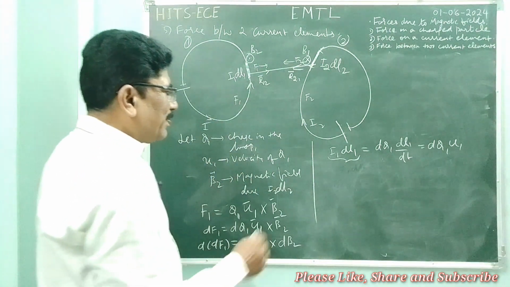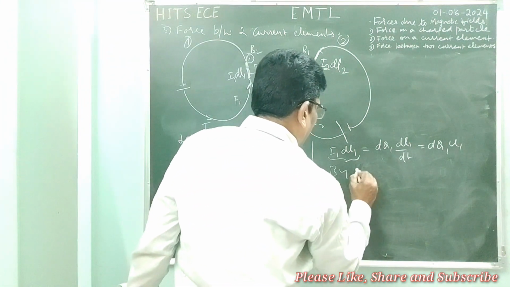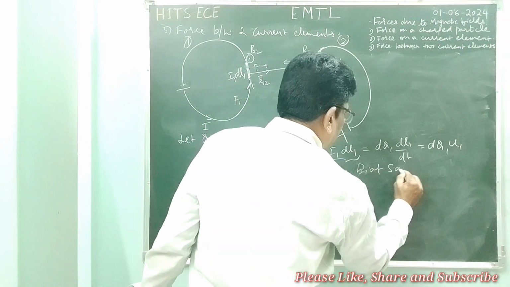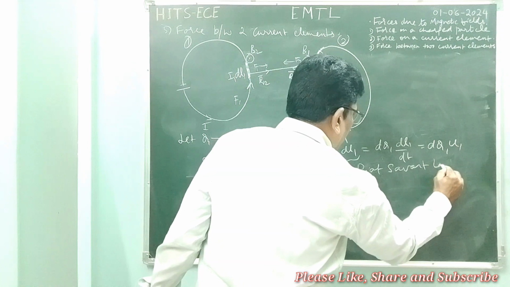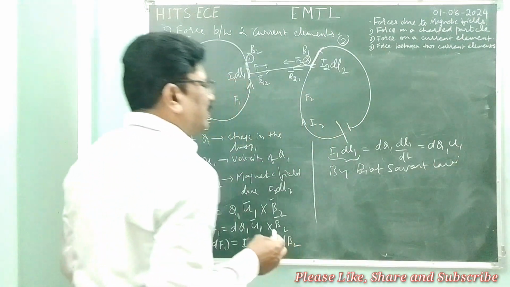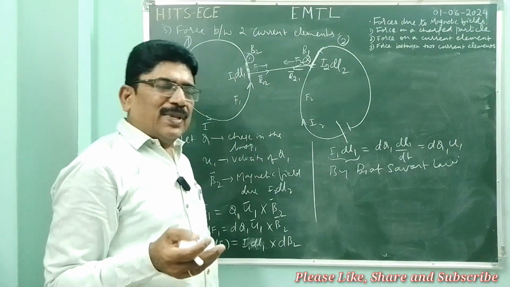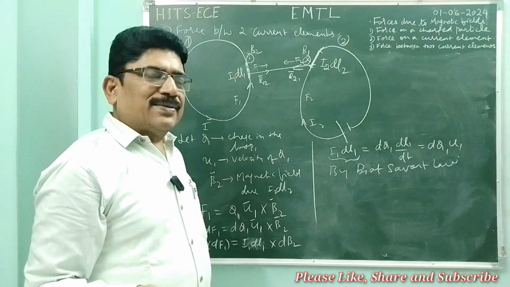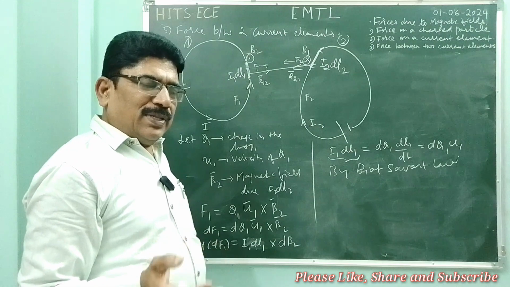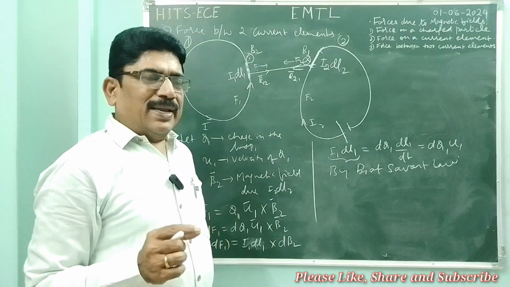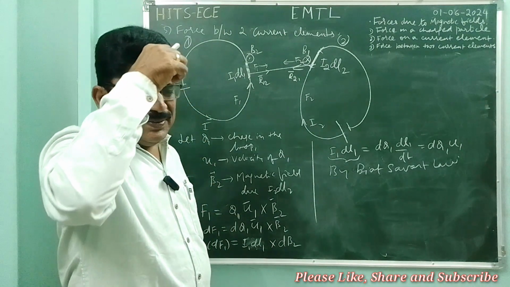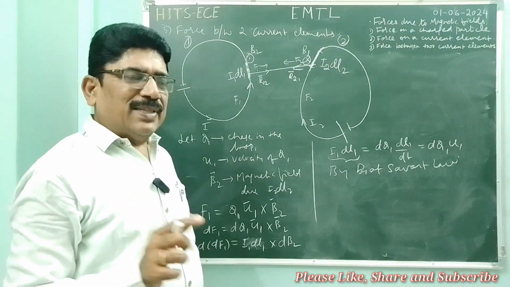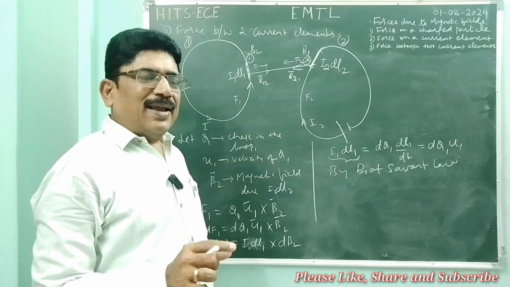Now let us apply the Biot-Savart law. What is the Biot-Savart law? The magnetic field intensity due to a current element at the given point is directly proportional to I dL and also sin theta, and inversely proportional to the square of the distance between the I dL and that point.